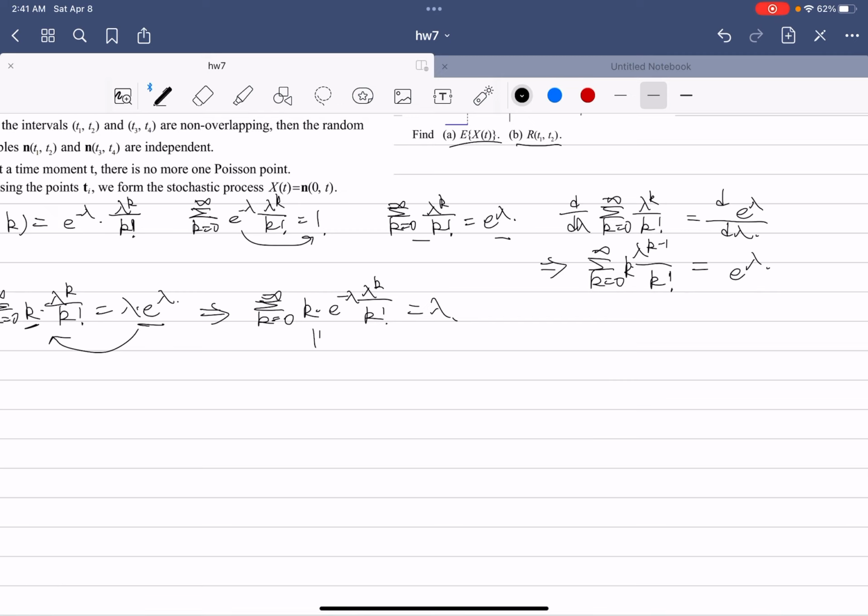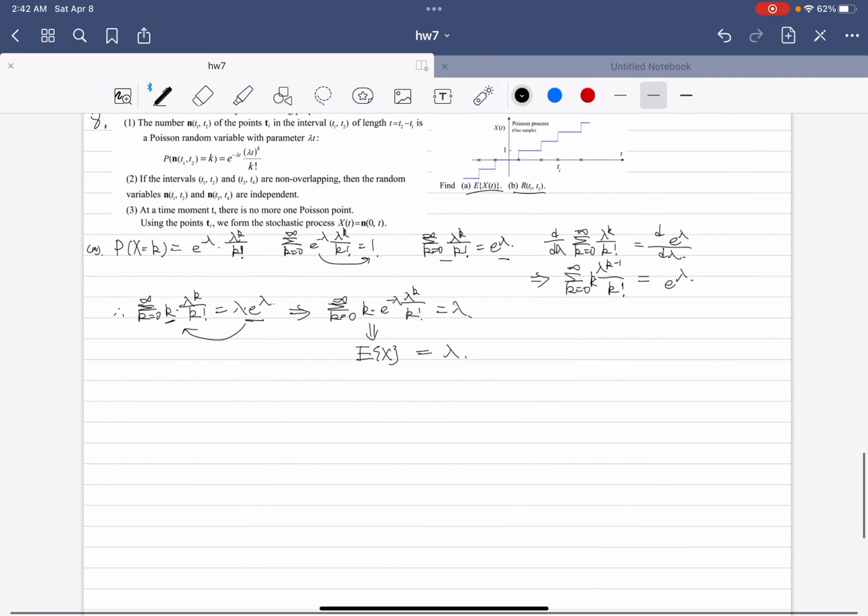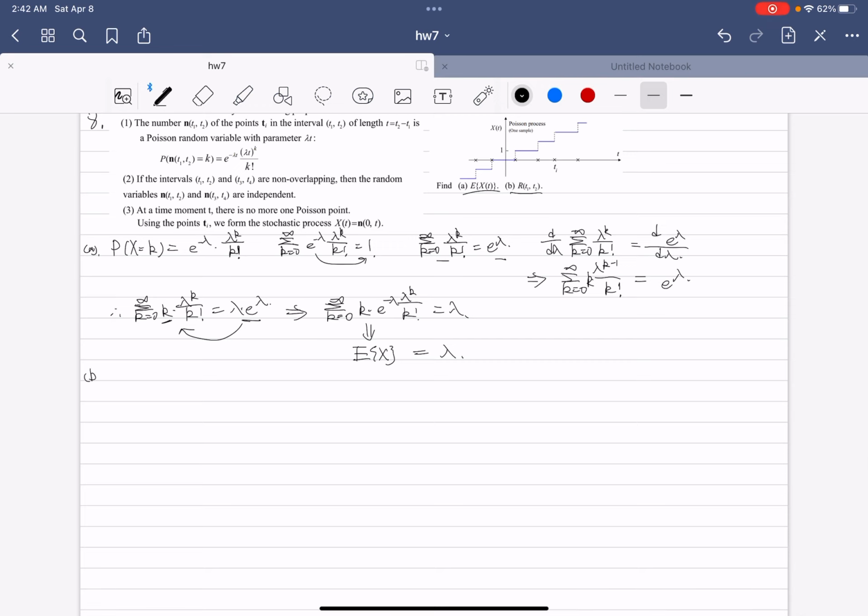So the left part is the mean of X, so it's lambda. Therefore, the mean of X(t) will be lambda t.